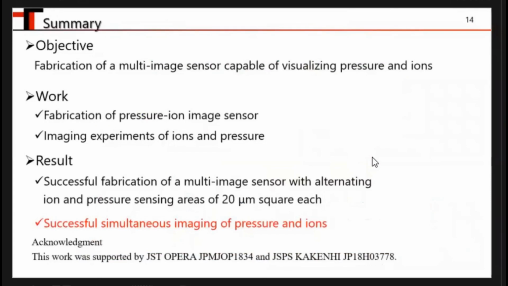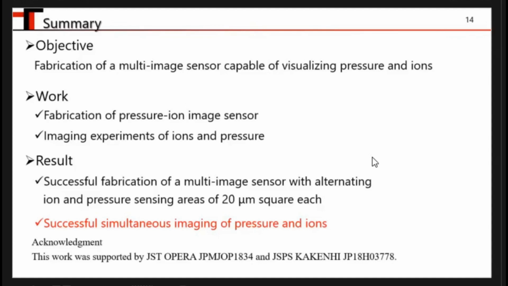This is the summary. In this study, we aimed to fabricate a multi-image sensor capable of visualizing pressure and ions, and we conducted fabrication of the pressure and ion image sensor and imaging experiments of ions and pressure.